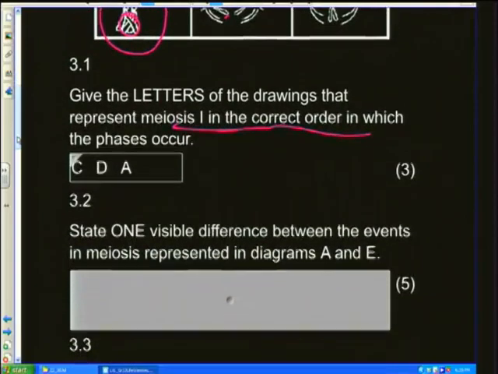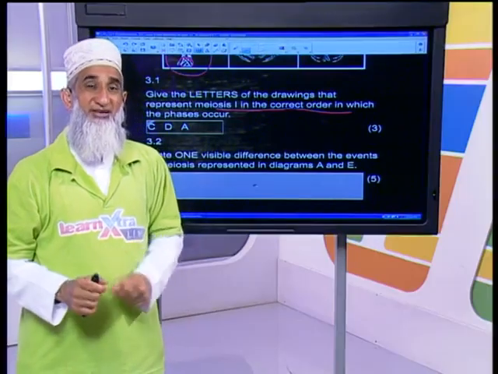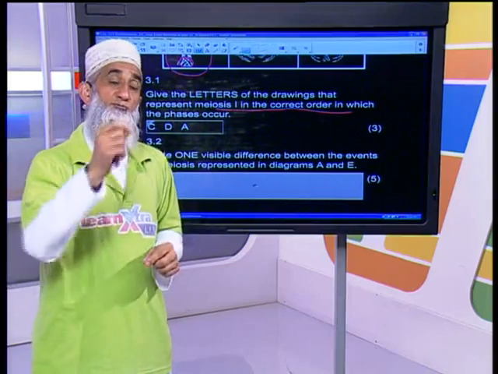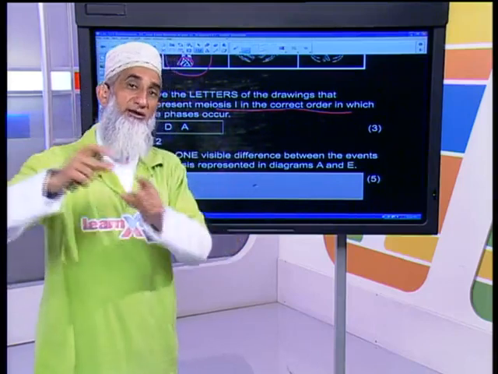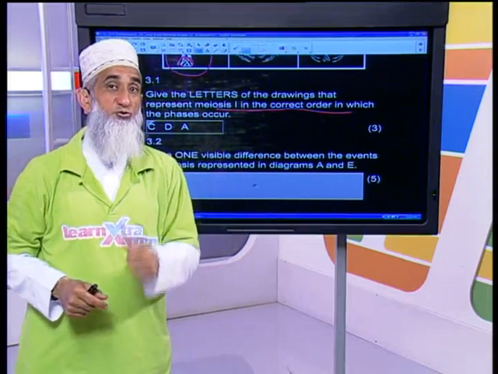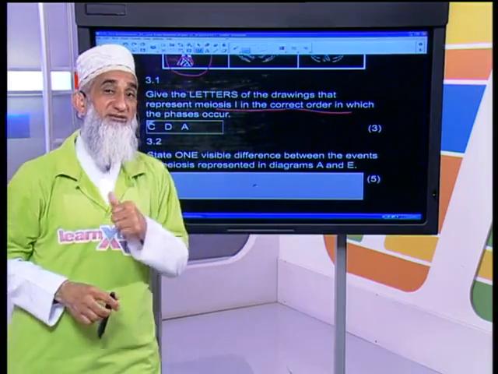So CDA. So two skills here. The first skill you had to put into practice was to identify which is meiosis 1 and which is meiosis 2. The second skill was to put those that you've identified as meiosis 1 in the correct order. So you have to know your marbles. You can't take chances here. You can't guess here.